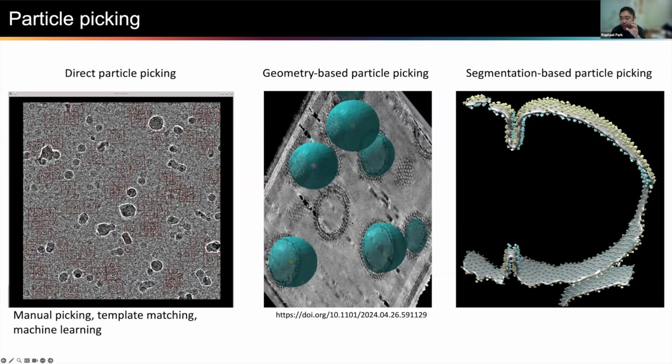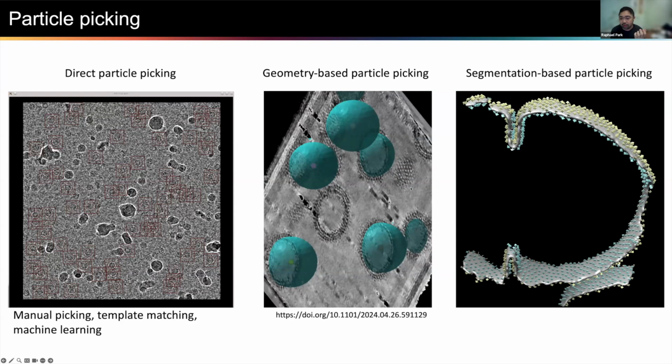So what you can do is fit a 3D sphere in the middle of these virus particles, and then you can oversample along the surface of the shape you are fitting. This type of approach has been very successful, particularly in John Briggs' group when they study these HIV Gag proteins.